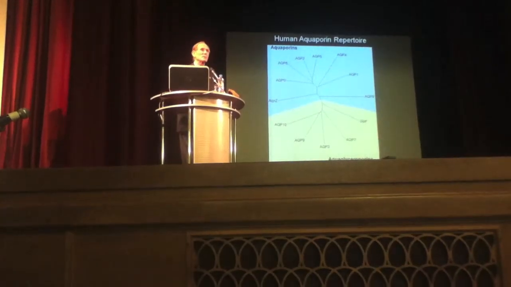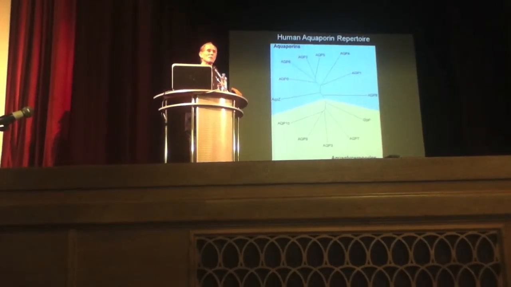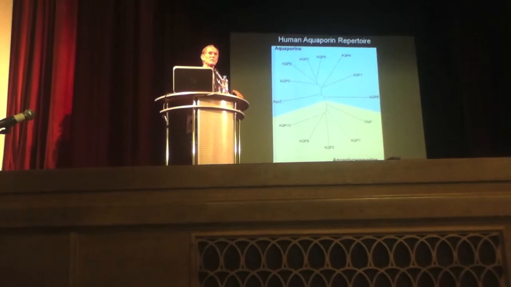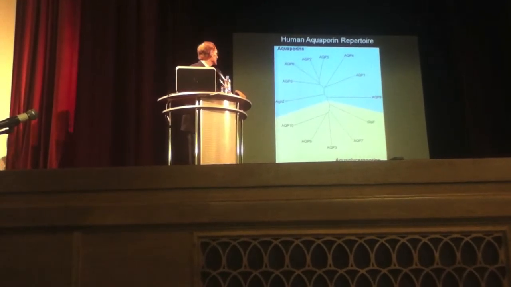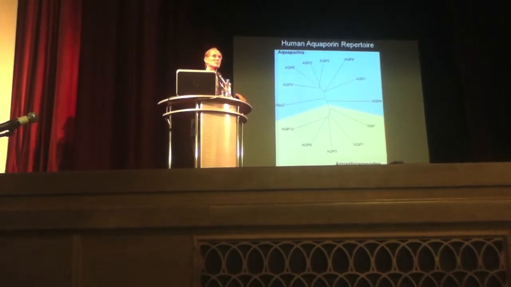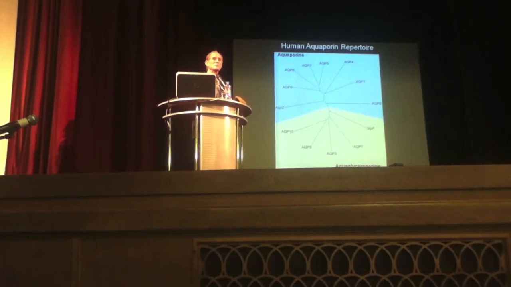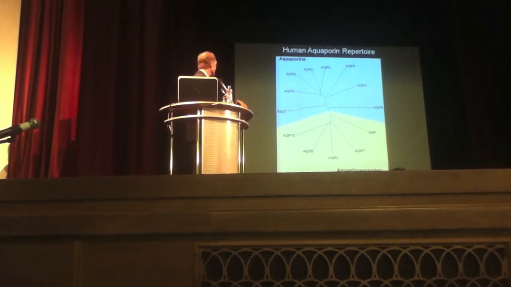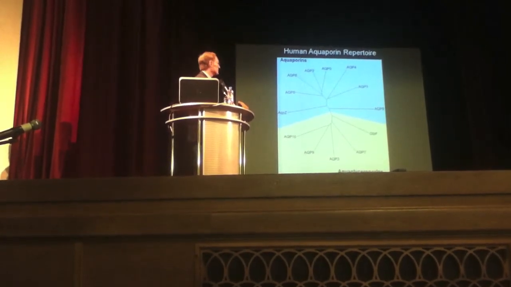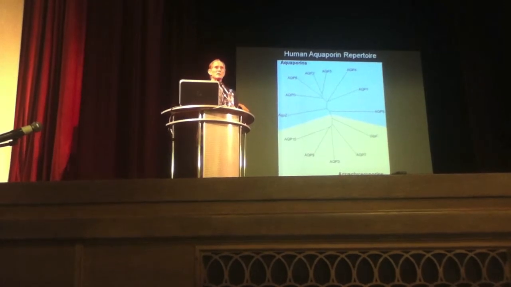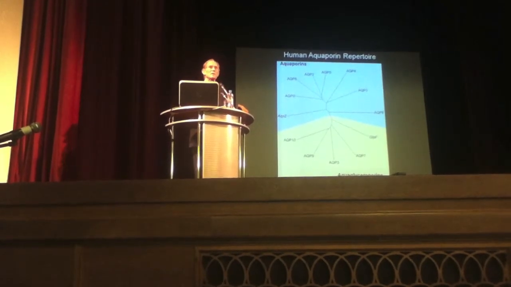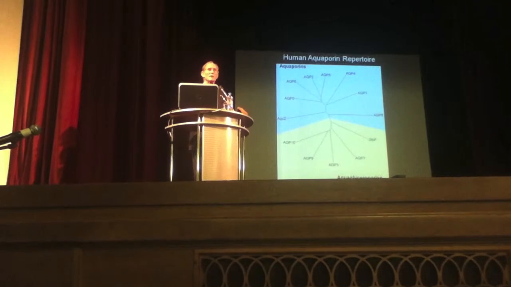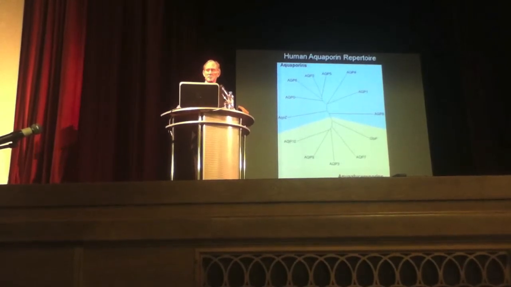At the top shaded in blue are those which we call classic aquaporins, water channels. And yellow at the bottom are those which are permeated by water plus glycerol, which we term aquaglyceroporins, closely related but not identical. And here's AQP1, our original discovery. And I'll talk about a few of these others just to illustrate the diversity of expression, physiological function, and what we believe to be the pathological significance.